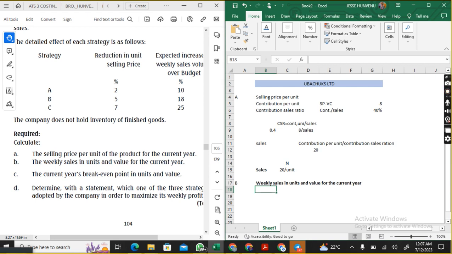So that means we need to calculate the contribution for the week. What is the total weekly contribution for the company?